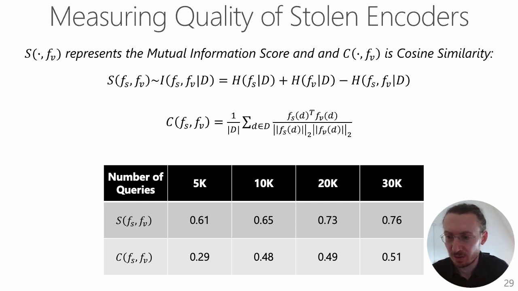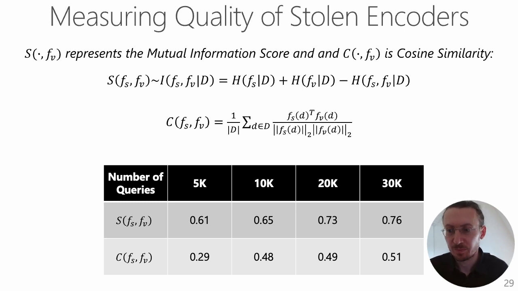The second metric simply computes the cosine similarity score between the representations from the victim and stolen copies. We observe that both metrics provide a reliable measure of encoder similarity as they increase consistently with more queries used for stealing the encoders.